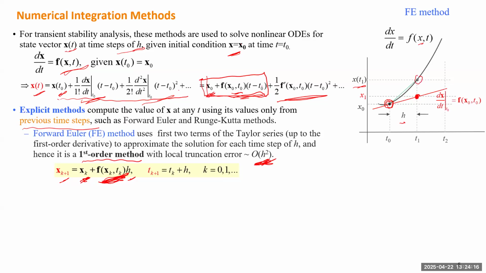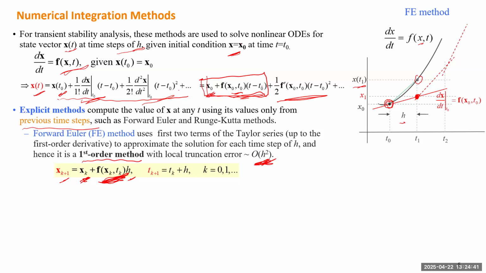this will be our estimation of the accurate value. So you can tell there's a gap between the red dot and the circle on top. Definitely, if you make h very small, eventually this tangent line will be closer to the true curve. But if you stay with this time step, for the next step you're going to utilize the value here to draw another tangent line. You get the second one.